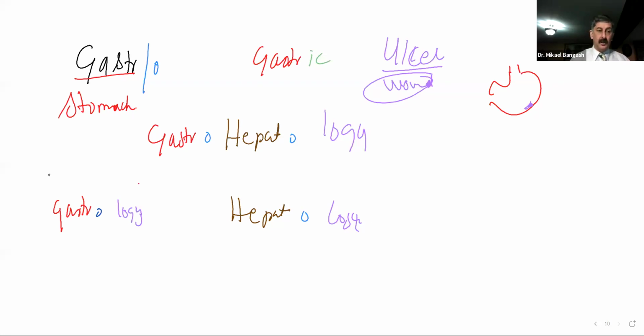But then there are actually people who specialize in both. Why? Mainly because diseases of the stomach are commonly seen as associated with liver diseases as well, or vice versa. So that being combined, 1 + 1 makes 2. Combine into one, it becomes gastrohepatology.